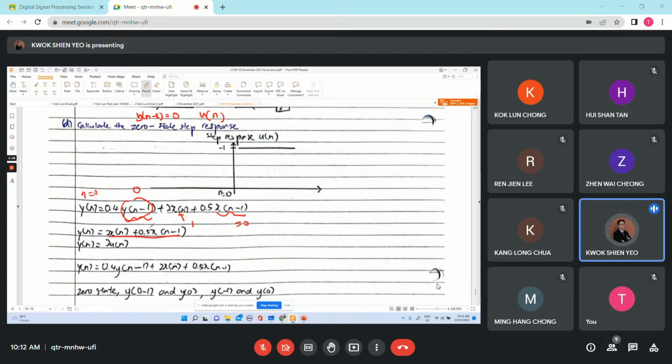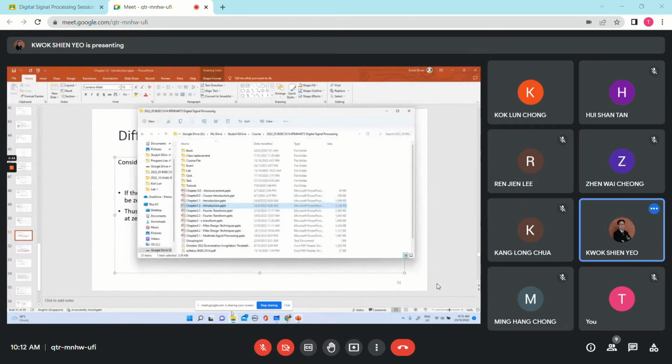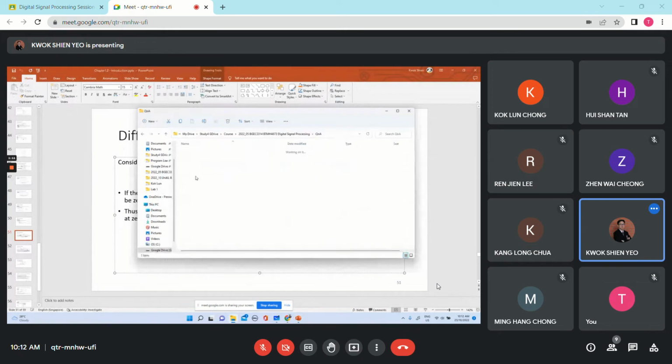And then the fact that there's no value, this one is 0, then you got this 2x(n), because it's a unit step.